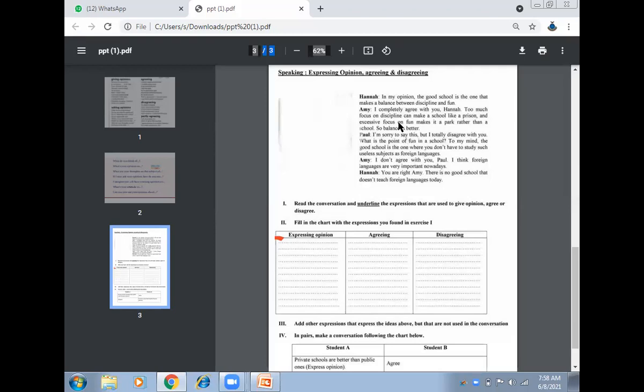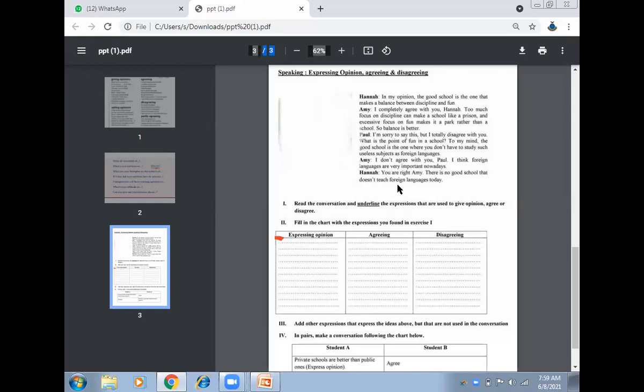Anna said, in my opinion, a good school is one that makes a balance between discipline and fun. So here she has used this expression, in my opinion. This is a way to express your opinion, so it will go here, under expressing opinion. Is it clear? Yes, ma'am.